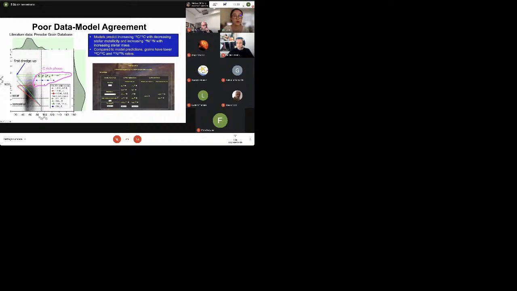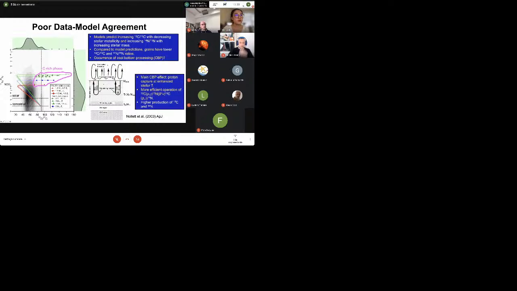As we can see, when compared to the model calculations, the grains are more enriched in carbon-13 and nitrogen-15, and the model prediction area barely overlaps with the grain data here. This poor data-model agreement was recognized a long time ago, and it was considered as evidence for the occurrence of cool bottom processing.